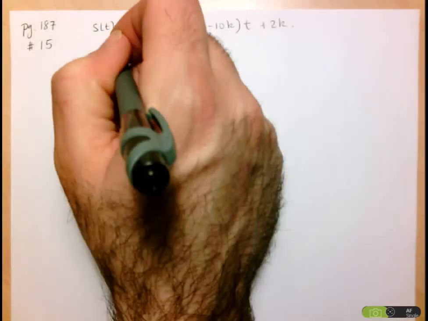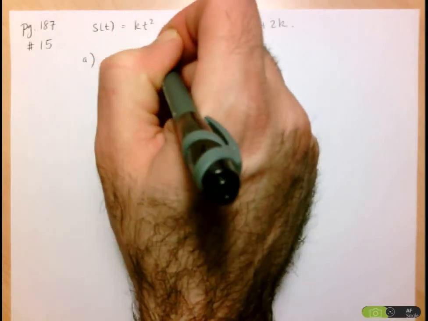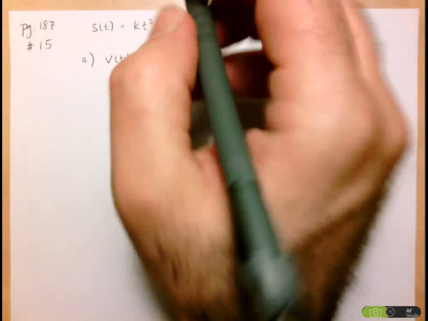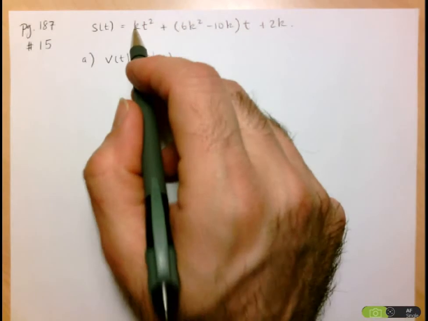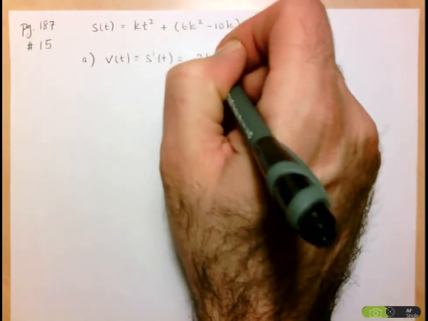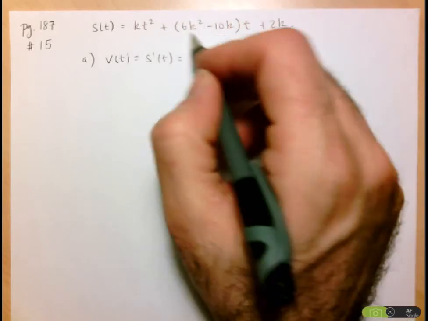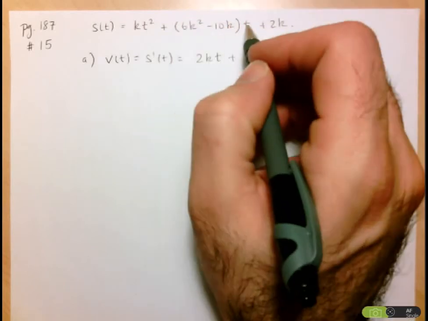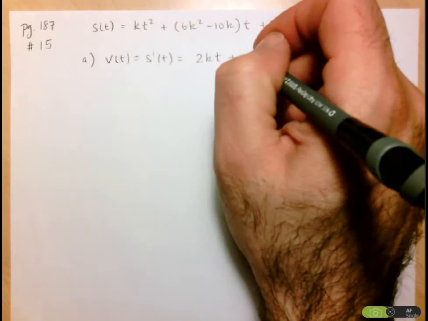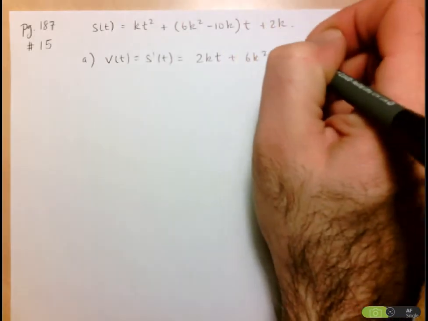So the first thing we'll do is find the velocity, which of course is the first derivative of the position function. And so here I've got k is just a constant, so I've got 2kt here. And then plus, this whole thing is just a constant times t, and the derivative of t is 1. So I'm just left with 6k squared minus 10k.